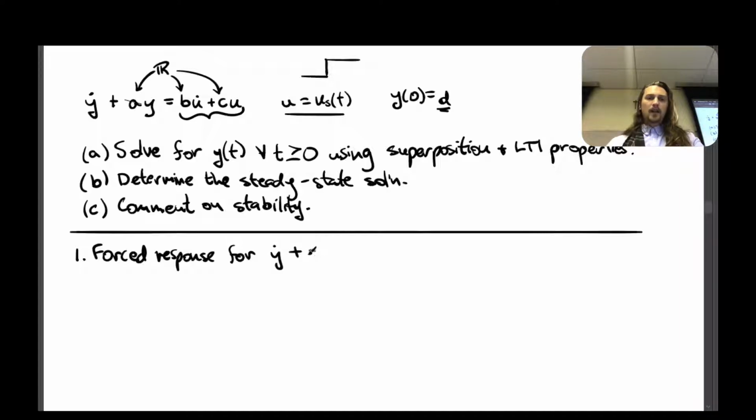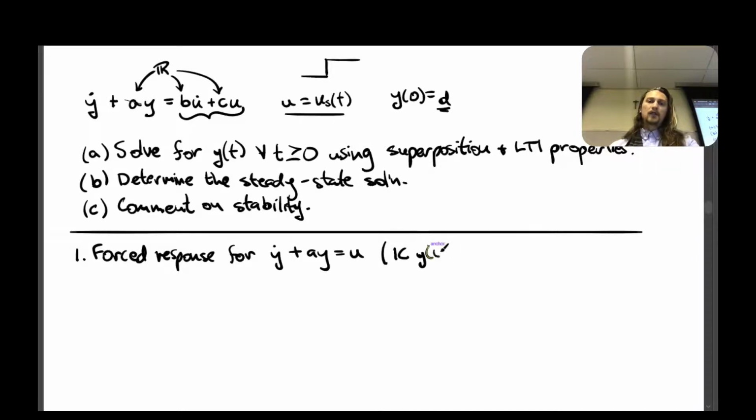y dot plus ay equals u. And we said forced response, therefore the initial condition, there's only one initial condition in this case, right? Initial condition will be 0.